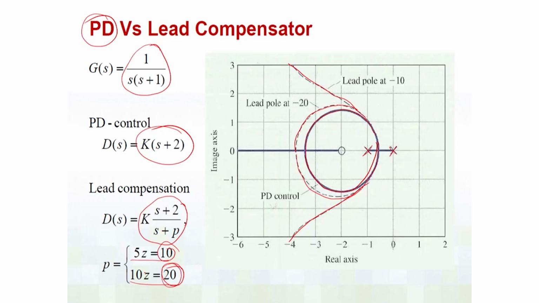You can go for 20 z, 100 z, and we would see that this will gradually approach this particular circle. So, this circle of PD is the limiting circle, and this is what a lead compensator at an extreme case is going to approach. So, PD and lead compensator are basically very similar, and you may say that a proportional and derivative controller is a special case of a lead compensator.